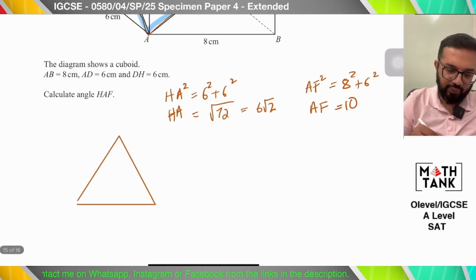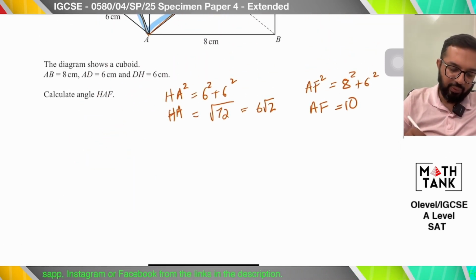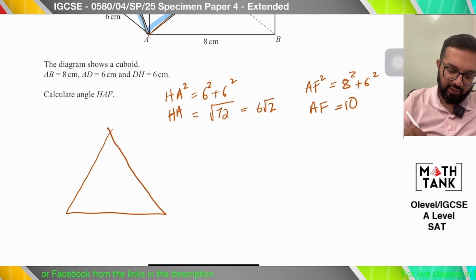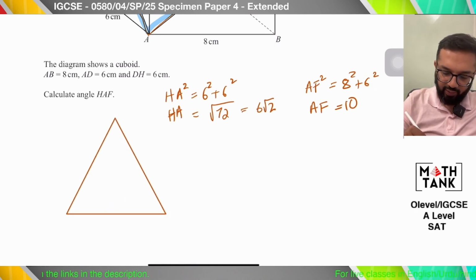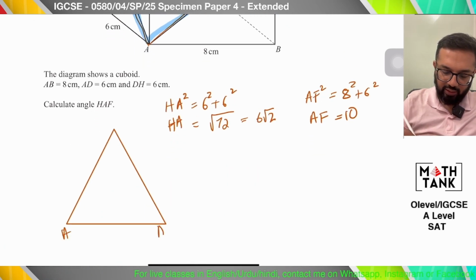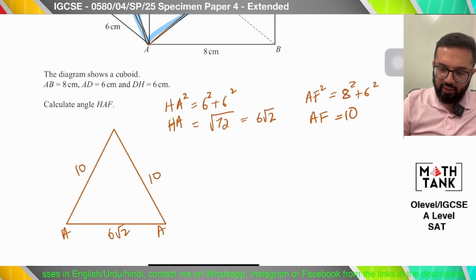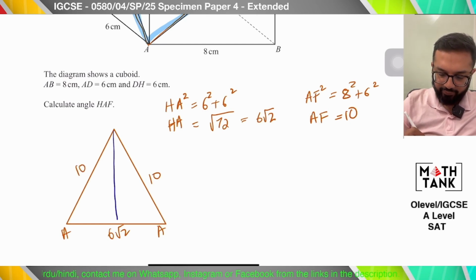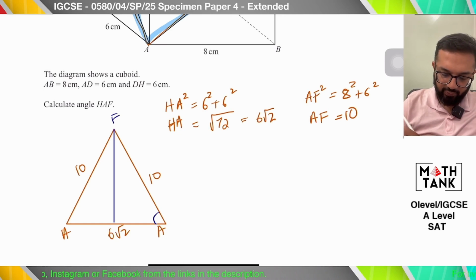It's 6 marks though. I could end up using the cosine rule, or because I see there is an isosceles triangle with HA as 6 root 2 and then 10 and 10, what I can do is split from the middle. That's F. I want to find out this.